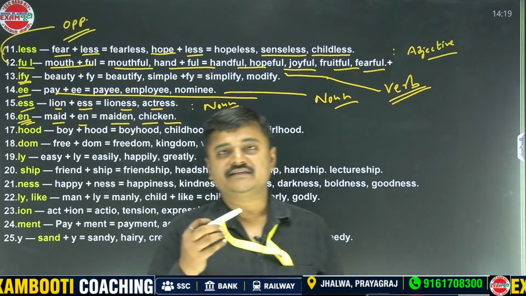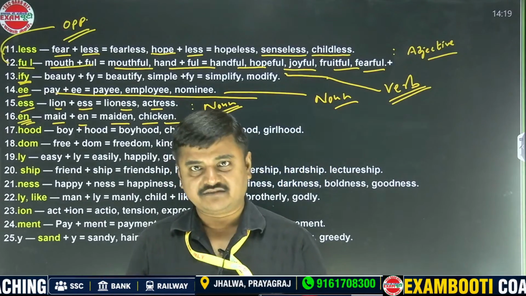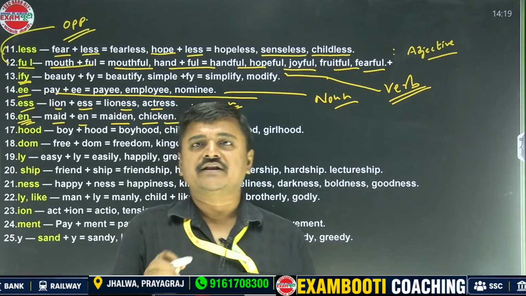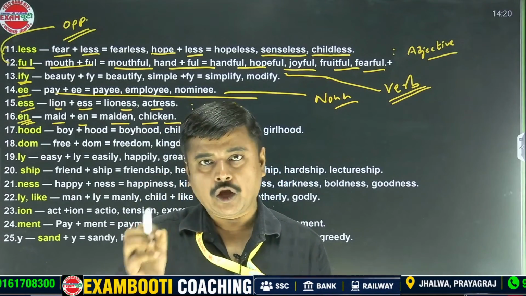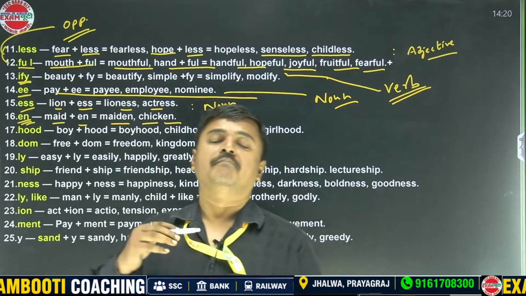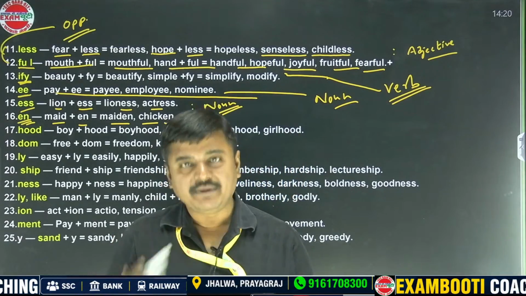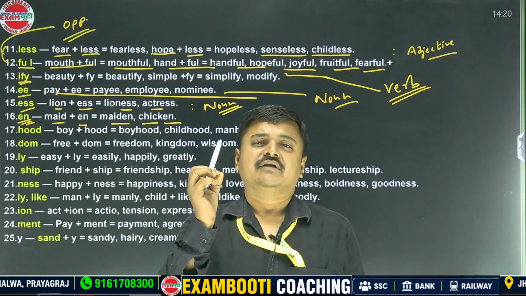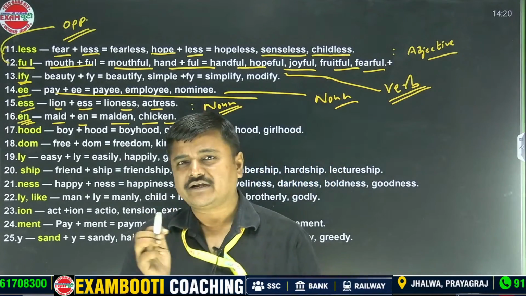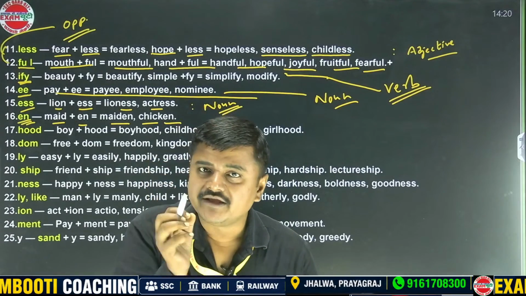When we discuss EN as a suffix, EN is not necessarily always going to make a noun. It may be a noun, it may be an adjective, it may be a verb as well. So EN does not give you a very clear hint.